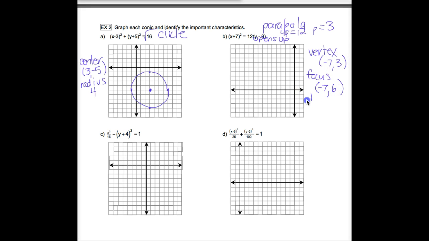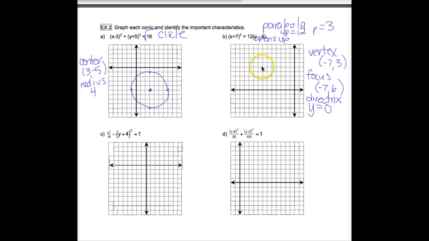My directrix, in similar fashion, I know that my directrix is a y equals line because of the direction of my opening. I'm going to go 3 units the other direction, and y equals that value. So if I have the vertex at 3, 3 units down would be 0. So that means it's y = 0. You could also write x-axis for the directrix.